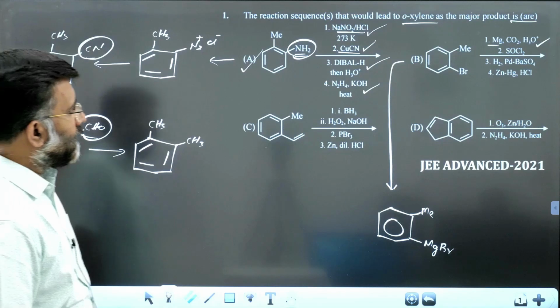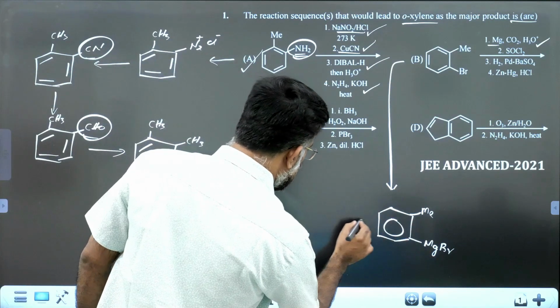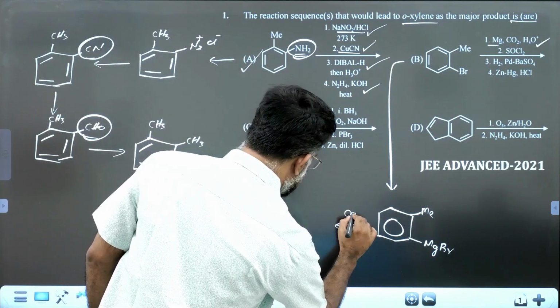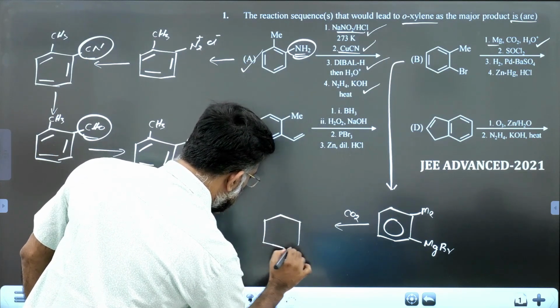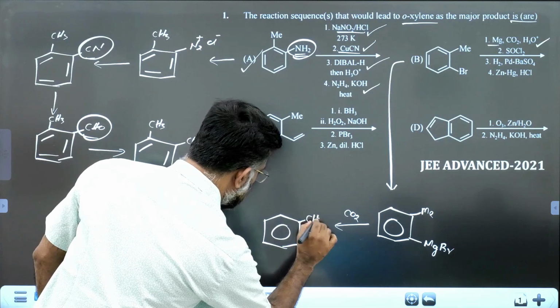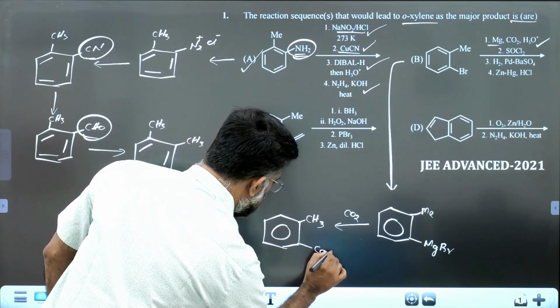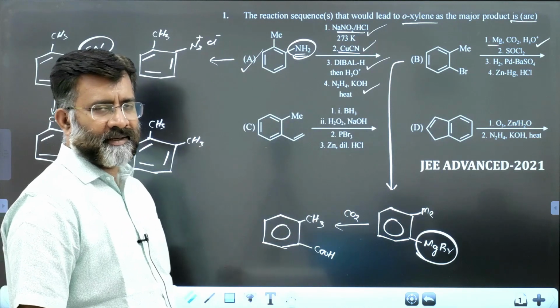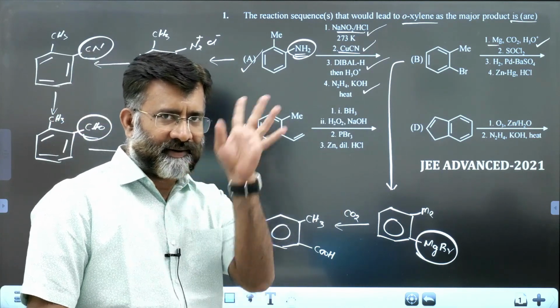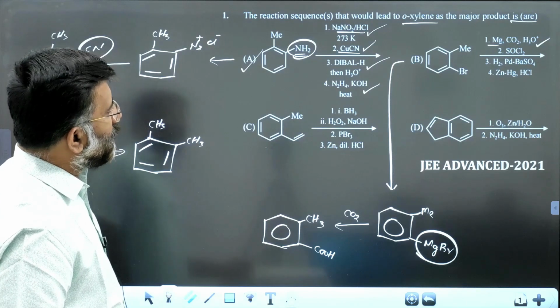Now with carbon dioxide and hydrolysis, you get benzoic acid. There is a methyl group here and this will turn into COOH. Preparation of carboxylic acid using carbon dioxide and Grignard reagent gives benzoic acid.